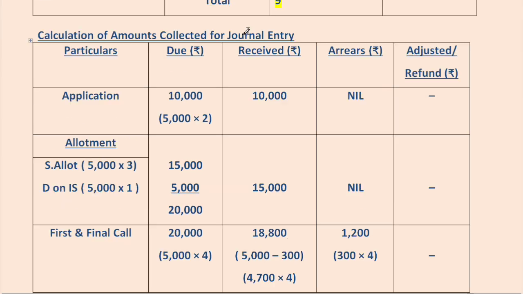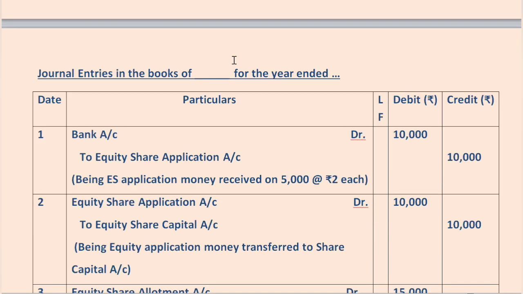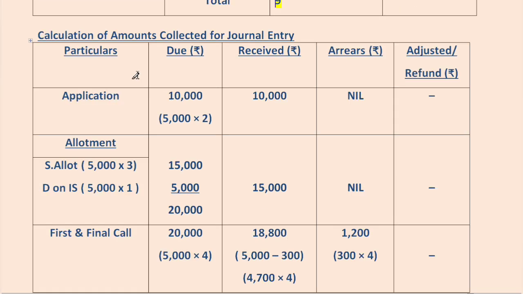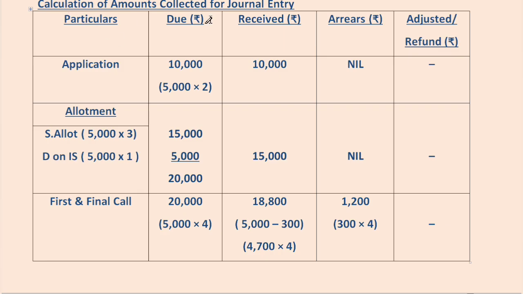Why is it necessary? Because to write the journal entries directly with amounts, this is necessary. That's why we are preparing this table. It consists of particulars: due, received, arrears, adjusted or refunded amount.